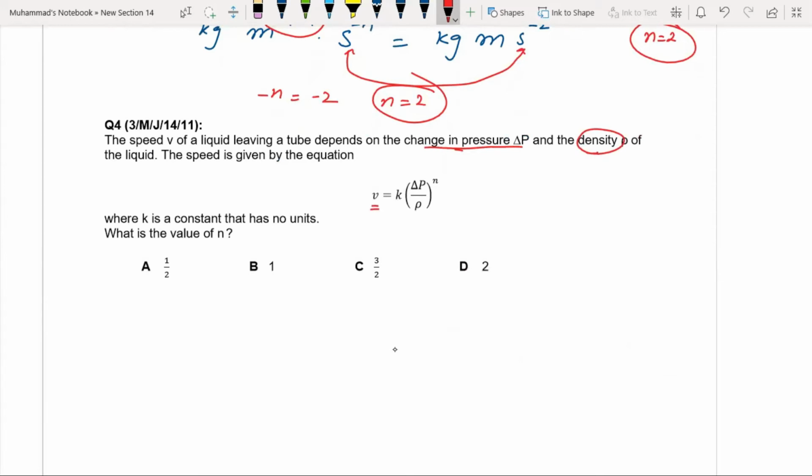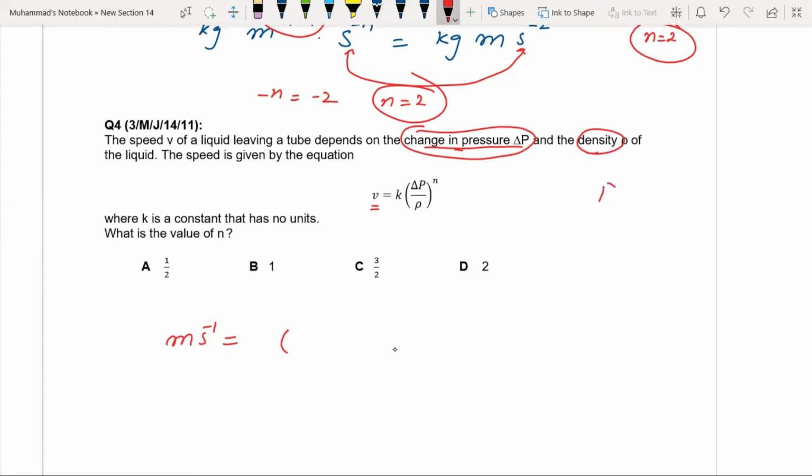We have to use the same recipe: v is meter per second, and you can skip k because it has no unit and no contribution in the homogeneity. Change in pressure and pressure will have the same unit. A change of some quantity has the same unit as that quantity. So change of pressure has the same unit as pressure, change of velocity has the same unit as velocity, and change of force has the same unit as force.